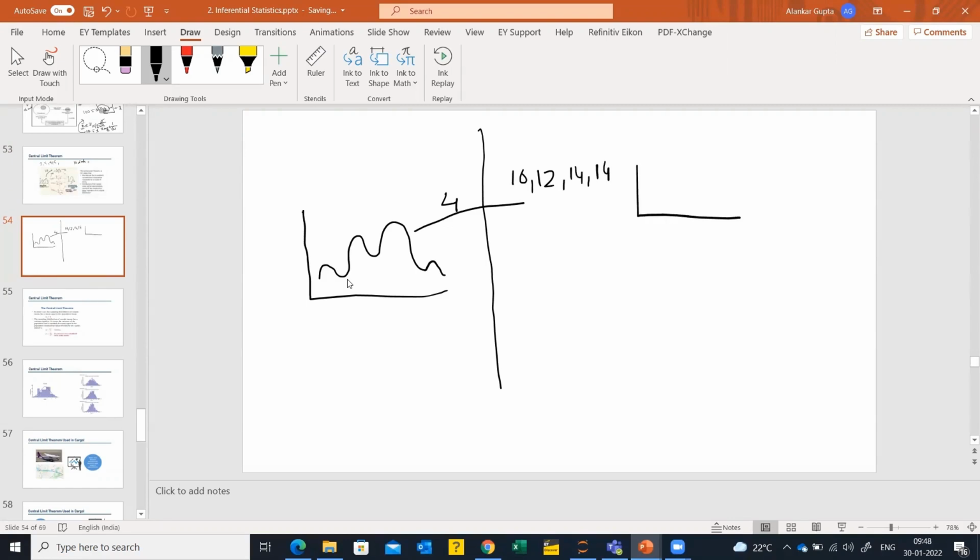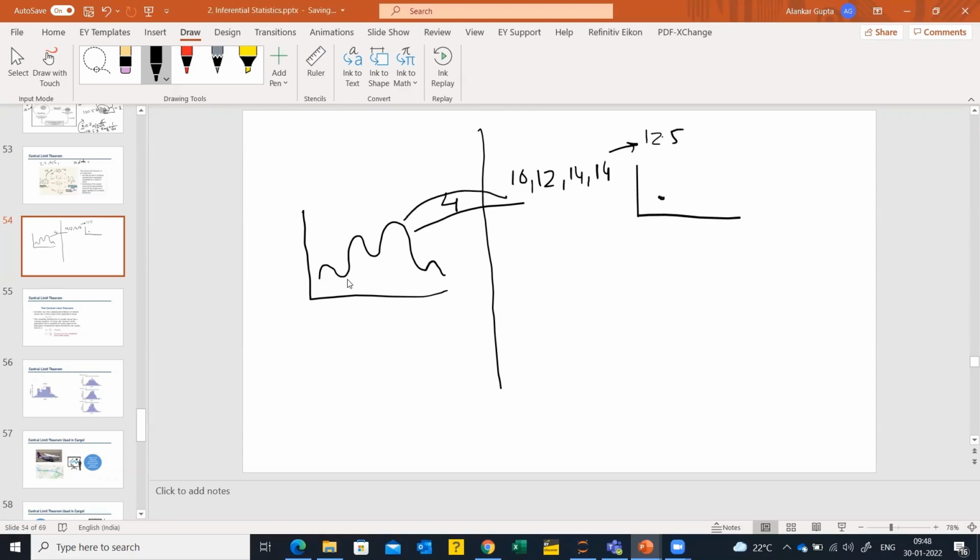You create a graph and plot the mean here. What will the mean be? 22 and 28, 40, 50. So it will be 12.5. You plot this 12.5 here.